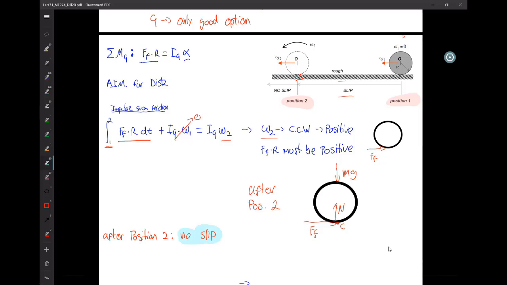What's the most important condition from rolling without slip? That the velocity of the contact point is 0, right? That's the big thing.